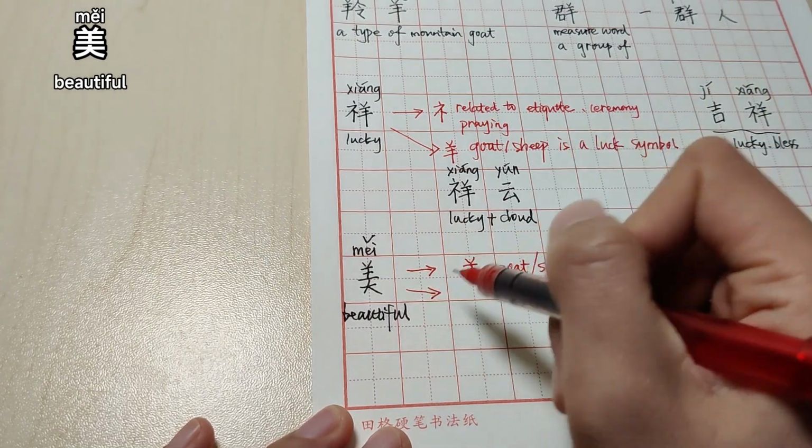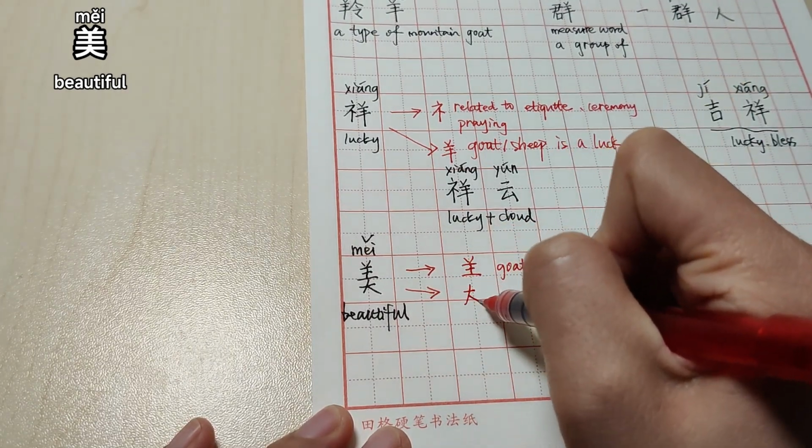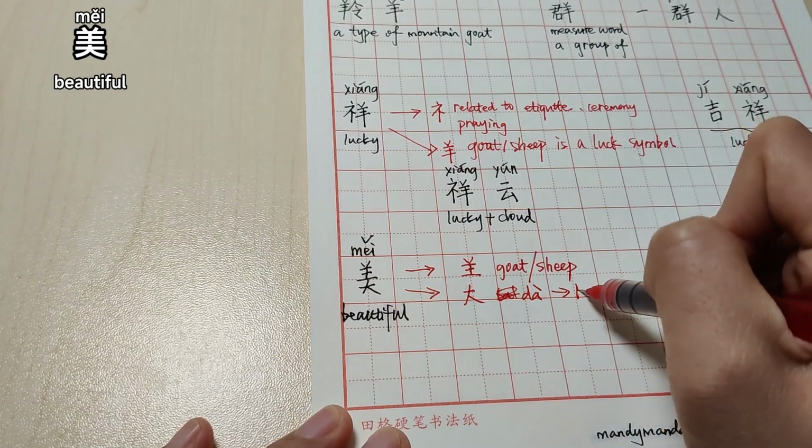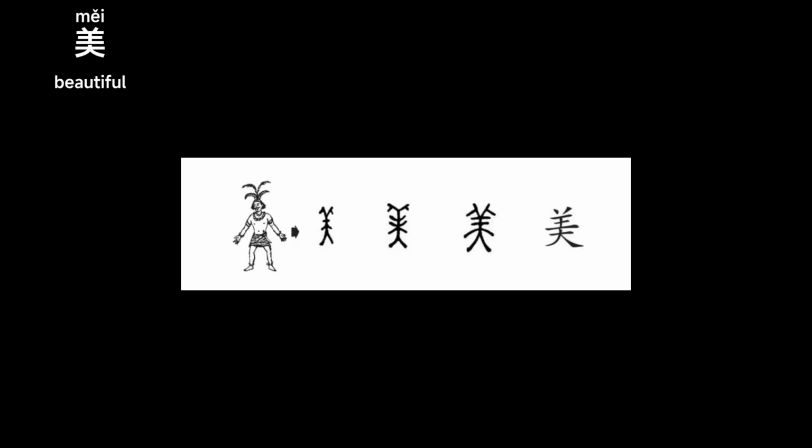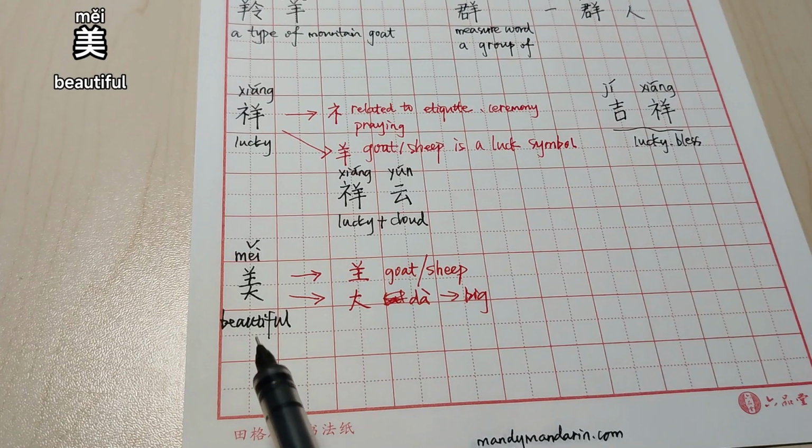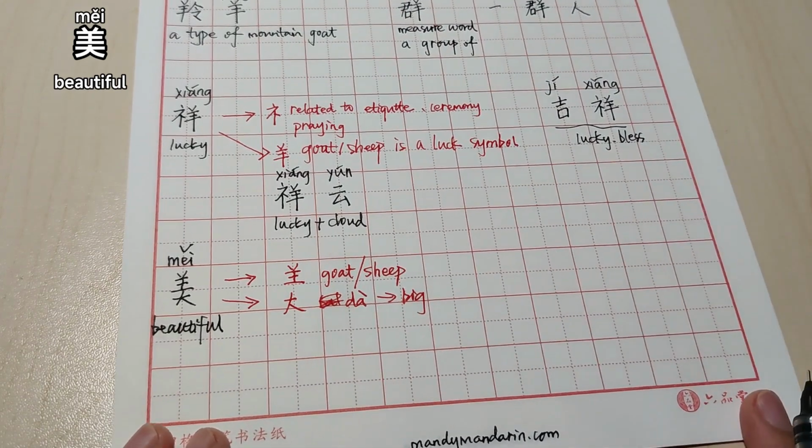And at the bottom part, this is 大, which means big. So here's the evolution of this character, Mei. It's a person dancing with a decoration on his head. It could be the goat horn or just some beautiful feathers. Okay, so Mei is beautiful.